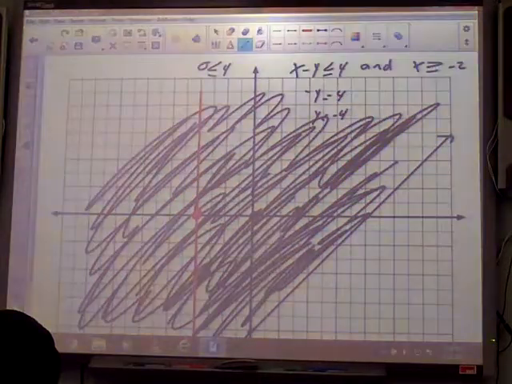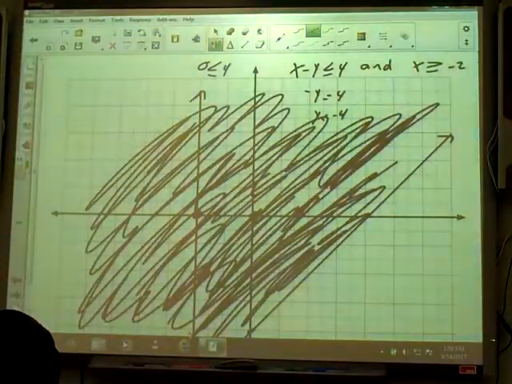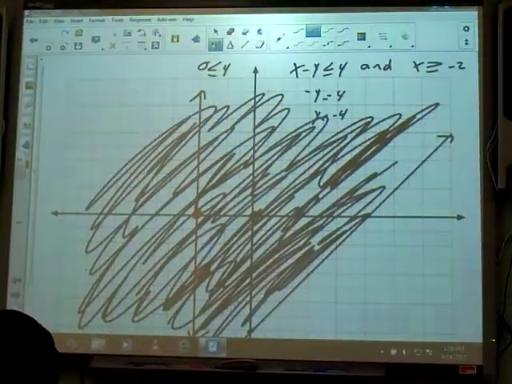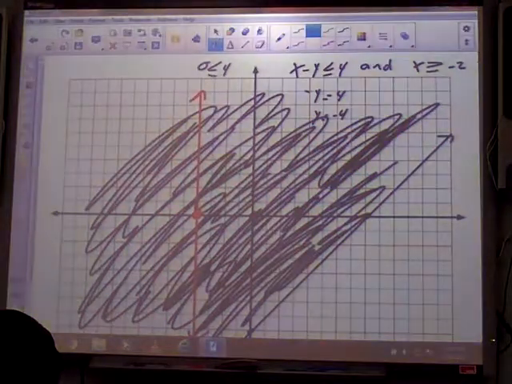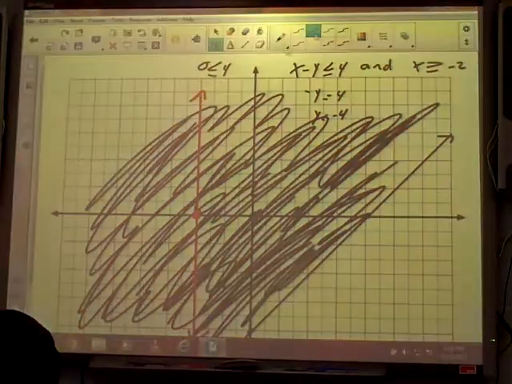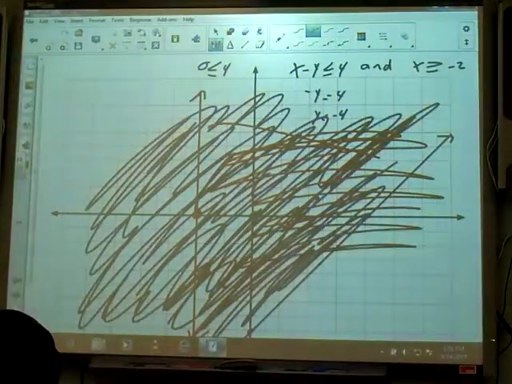Okay. Now, this test point's not really needed on this one, right? X is greater than that. That's pretty self-explanatory that it has to be the right of that red line, so I'm going to shade everything on the right of that red line.